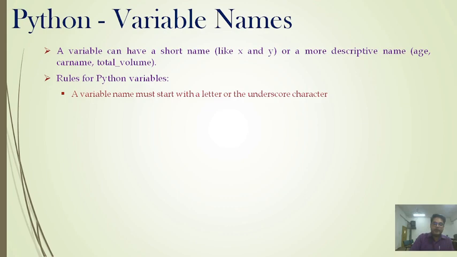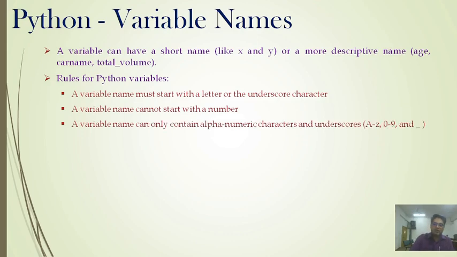We cannot have any variable whose name starts with a numeric value. A variable name cannot start with a number, as I have already told you. Third, a variable name can only contain alphanumeric characters and underscores. No special characters like hyphen, slash, dollar, and so on can be used.